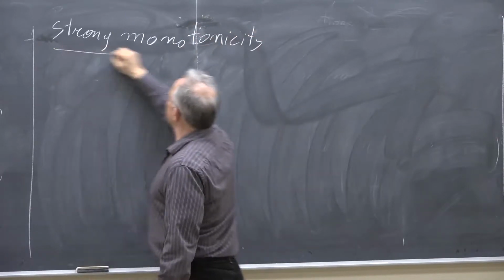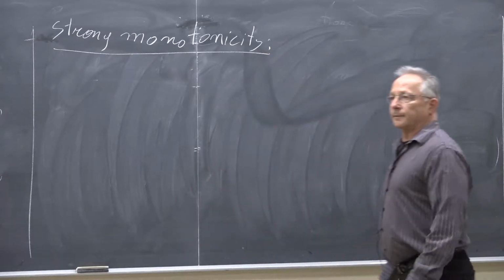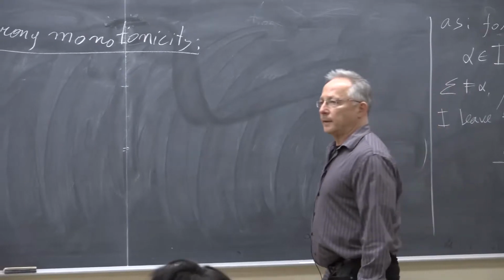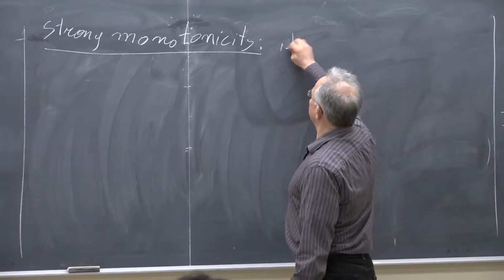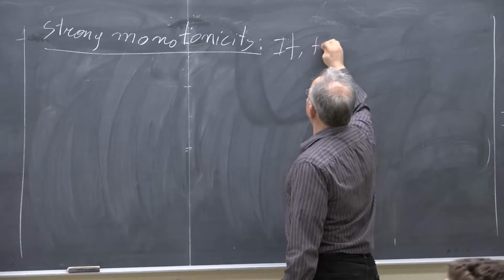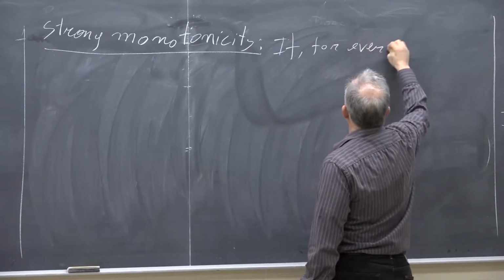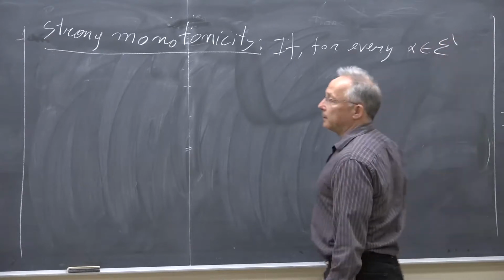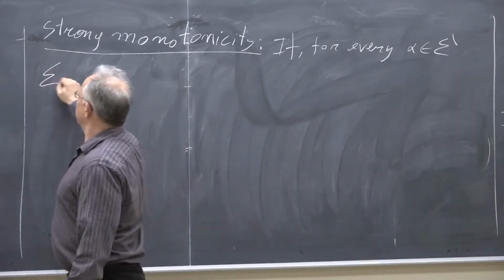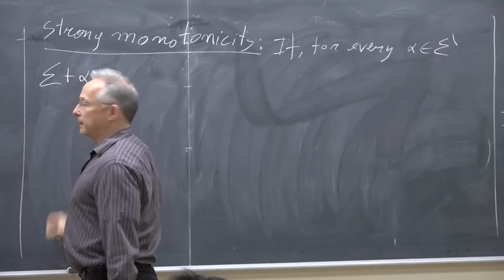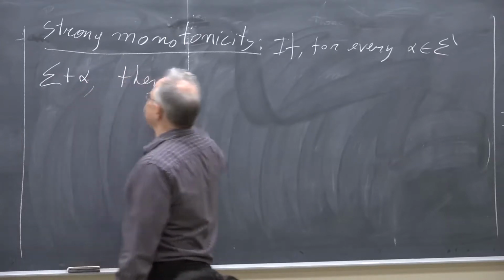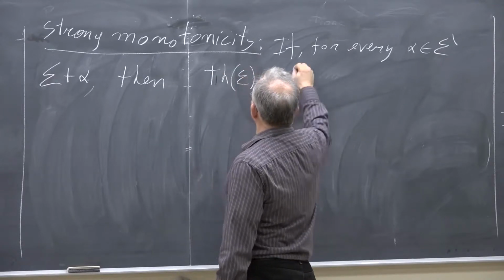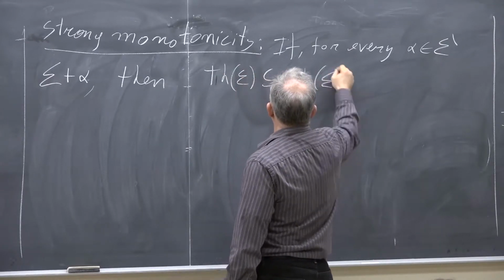Strong monotonicity says the following: if for every alpha in sigma prime, sigma proves alpha, then the same conclusions. The theorems of sigma are a subset of the theorems of sigma prime.